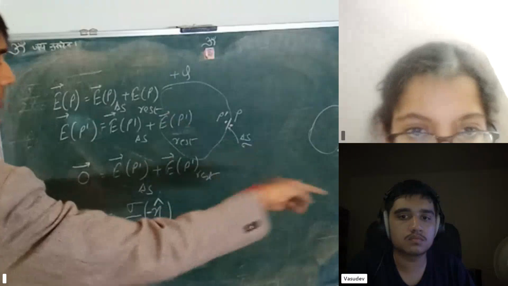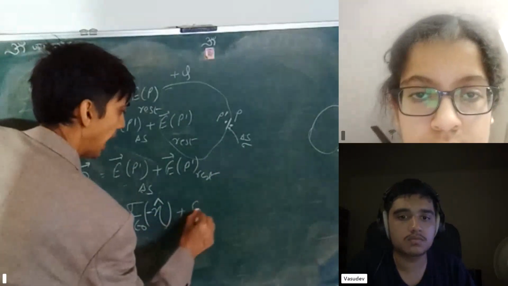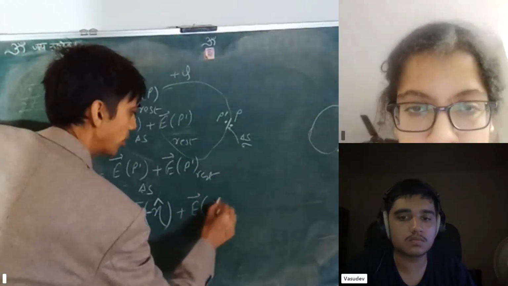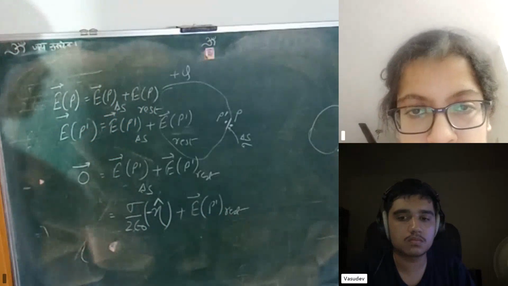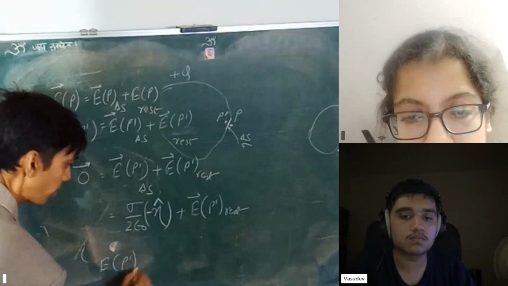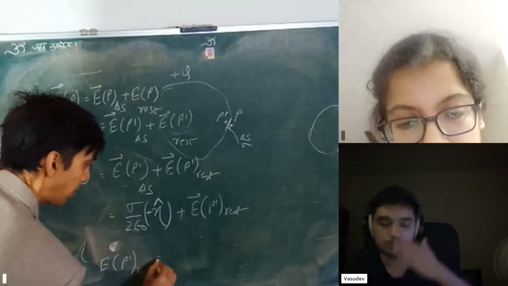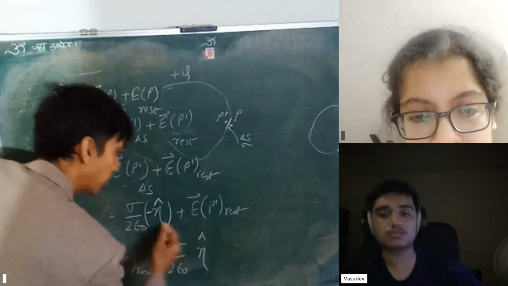Because I have taken eta outside. Plus E at P prime due to the rest of the structure. What do we then get? E at P prime due to the rest of the structure is equal to sigma by twice epsilon naught into eta. It goes to this side, eta.